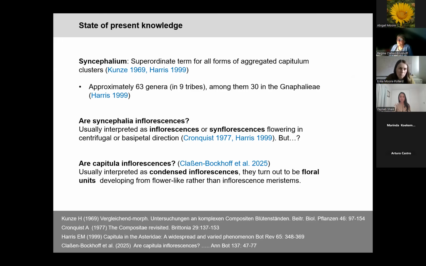This study continues our previous study in which we investigated capitula and asked, are capitula inflorescences? These capitula are usually interpreted as condensed inflorescences, but developmentally they turned out to be floral units developing from flower-like meristems rather than from inflorescence meristems.